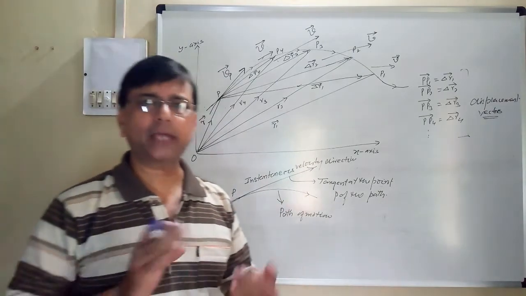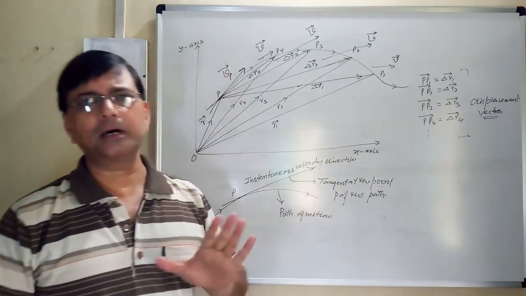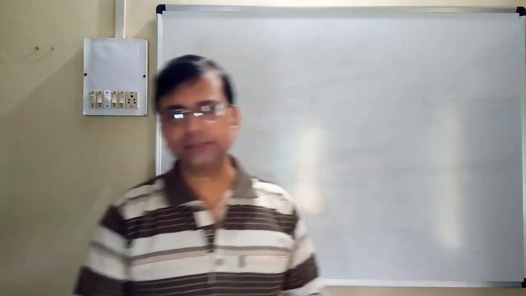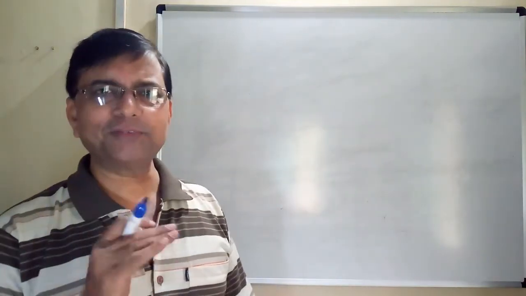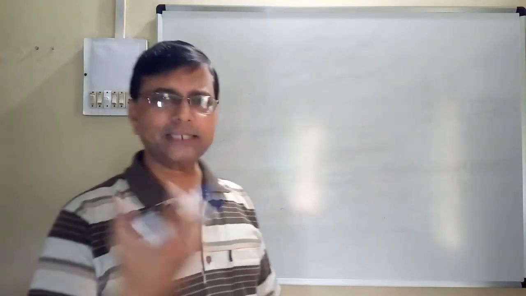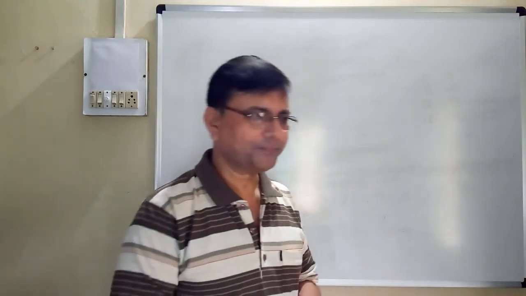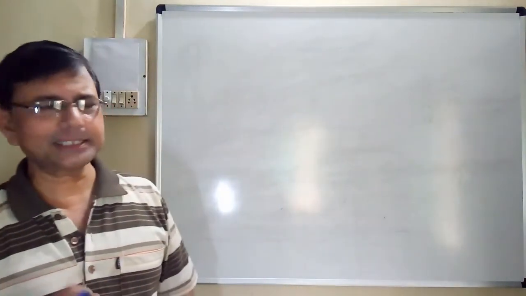Now we will talk about the acceleration of the object when it is moving in a plane. As we have seen the average velocity, in the same way we will go for average acceleration. What is acceleration as such?